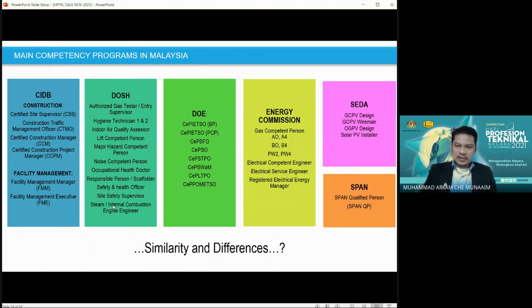Steam and internal combustion engine engineer is also one of the DOSH competent persons. So DOSH has its own list of competent persons regulated under the Department of Safety and Health. Then DOE, the Department of Environment, also has its own competent persons. We can see 8 altogether. CE, PIETSOBP, CHEPIETSO, IET, Industrial Effluent Treatment.